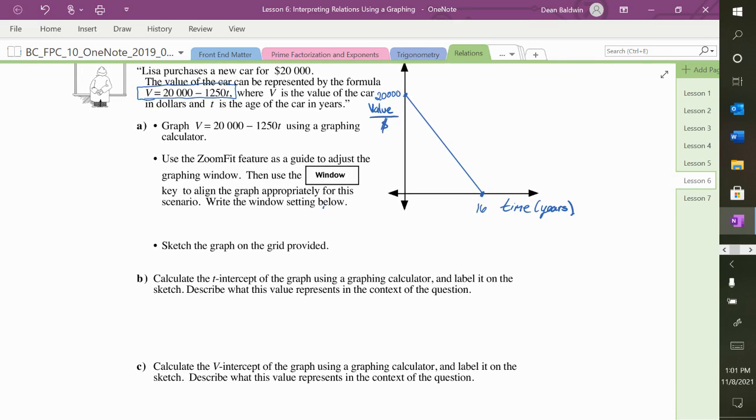Calculate the T-intercept. We've already done that. The T-intercept is 16 years. What does that represent? We've already talked about this. Last week, what did the T-intercept in this case represent? What does this graph represent? It's the value of the car, in years. So what does 16 years represent?